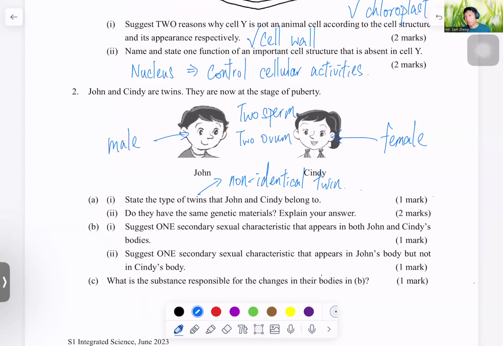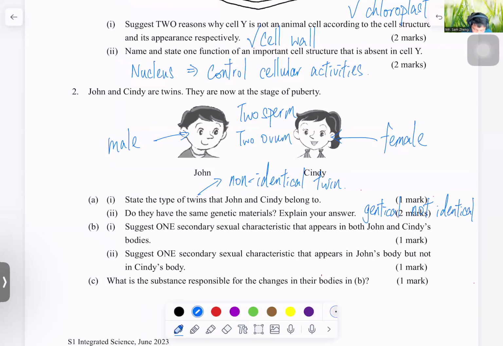Both sides of the ovary release an ovum, so there would be two ova during ovulation. Luckily, two sperm successfully get into these two ova, forming non-identical twins. They are made by two different cycles, so they would be genetically not identical.